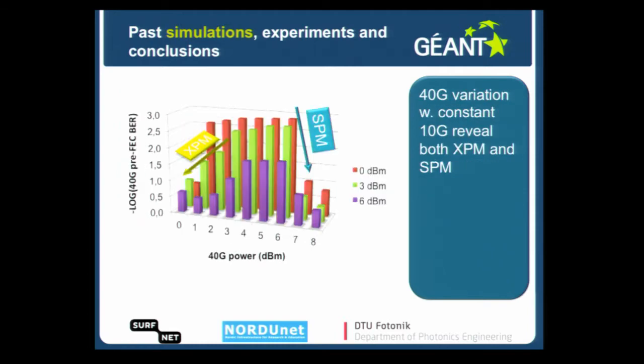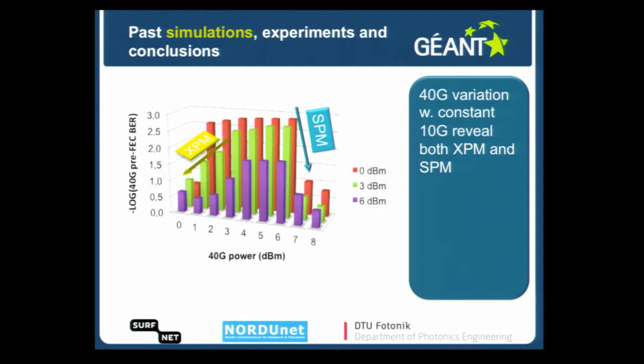More simulations. Tried here now to do a variation of the 40G with a constant 10G to reveal both the XPM and the SPM. And I tried to make this XPM plot in a 3D manner so that you can see that we have both a varying 10G power. I mean, the red is the 0 dB, 10 dB.